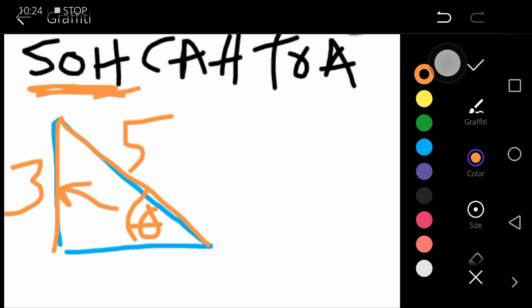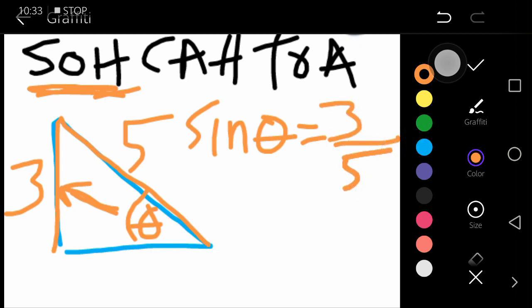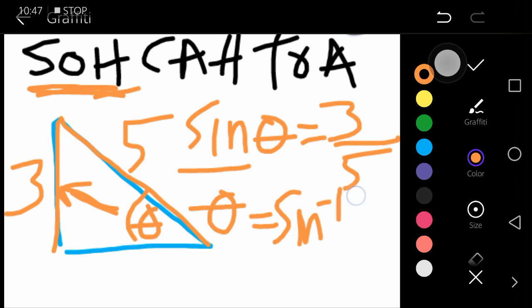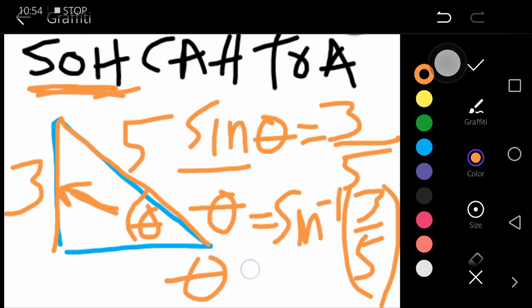So we can use sine: sine of the missing degree equals opposite over hypotenuse, 3 divided by 5. Keep the degree there, put sine here, then inverse, then 3 divided by 5.